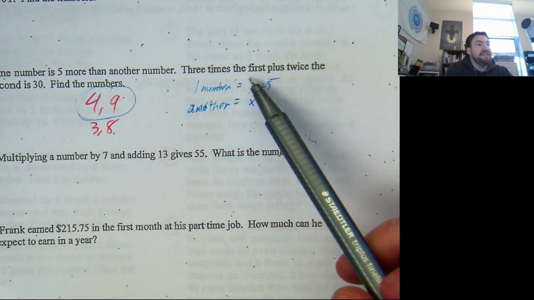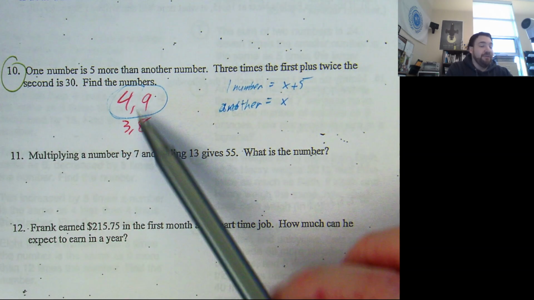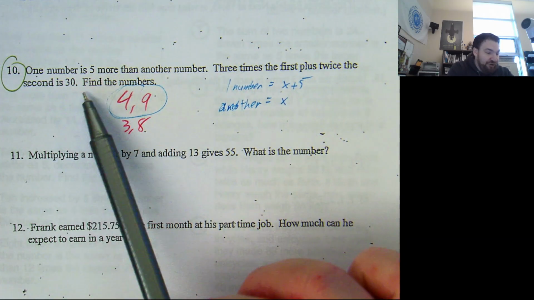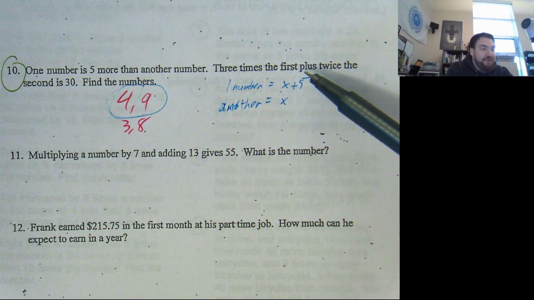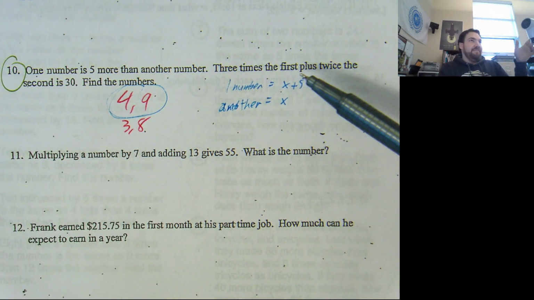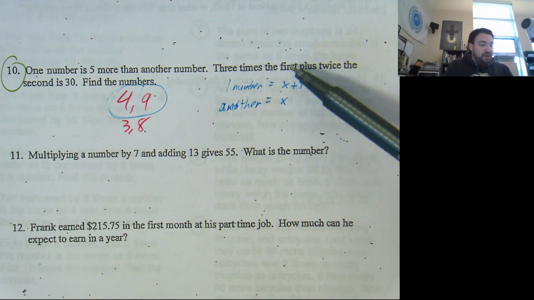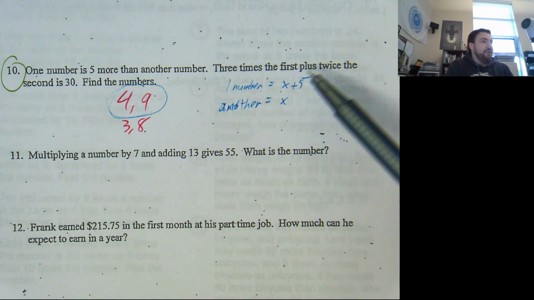Now this is where things get, it's this next step where you can end up with either of these. It says 3 times the first plus twice the second is 30. Now, if you read this and the first number is the lower of the two numbers, we would call the first number x, if that's how you're going to interpret it.